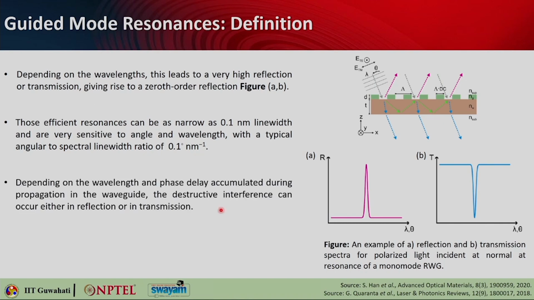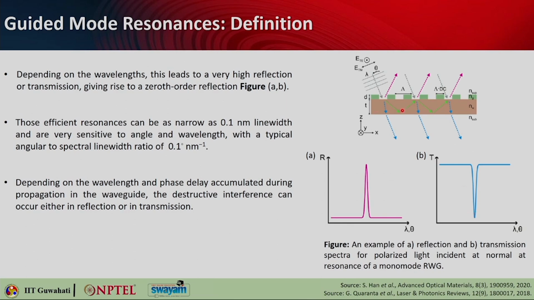Now, depending on the length and the phase delay that is accumulated during the propagation in the waveguide, destructive interference can occur either in reflection or in transmission. This is why in the previous case we saw a transmission peak, and in this case we saw a transmission dip. So, the waves that are coming out, if they destructively interfere, will cancel that particular transmission at that particular wavelength. If they constructively interfere, they will give a peak.